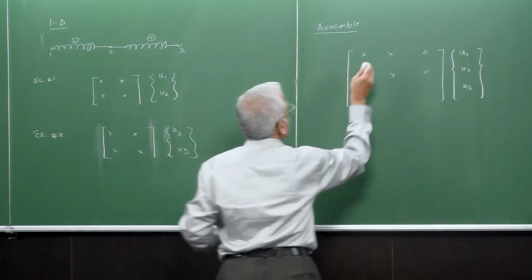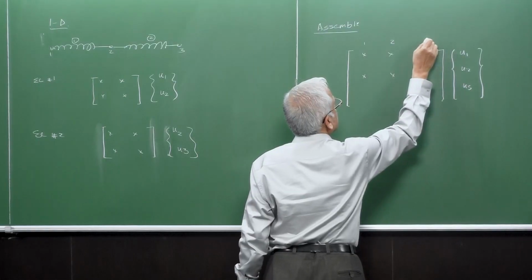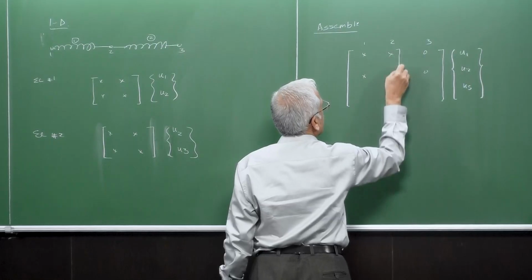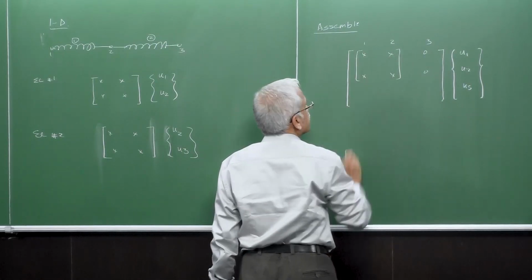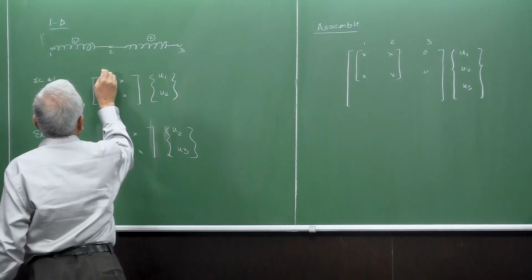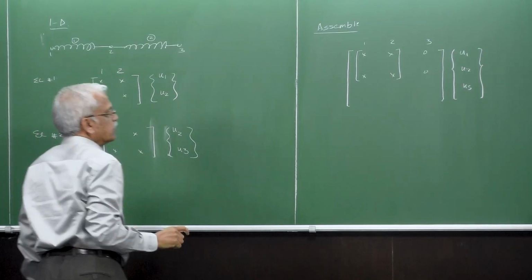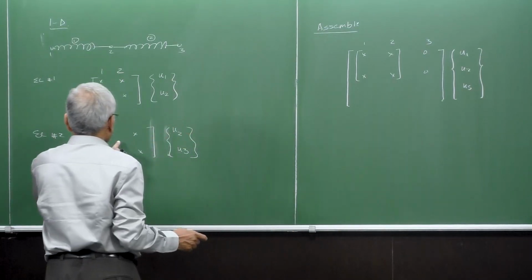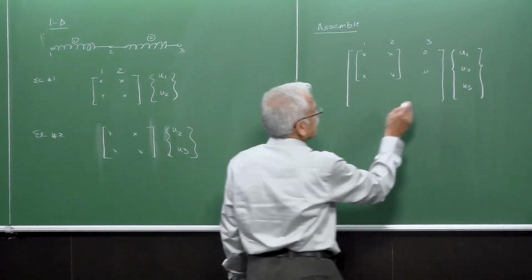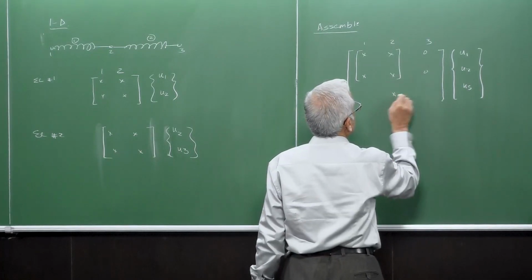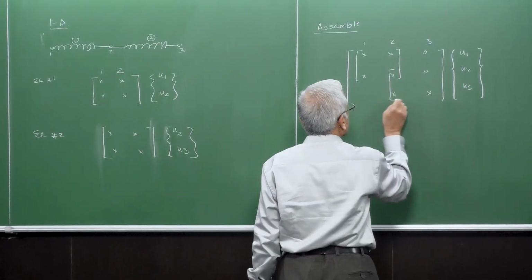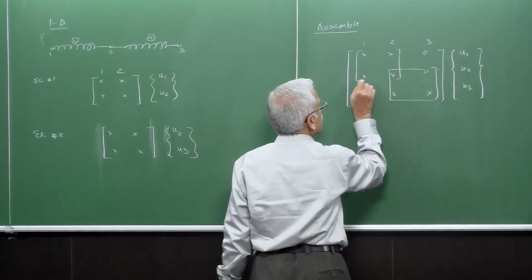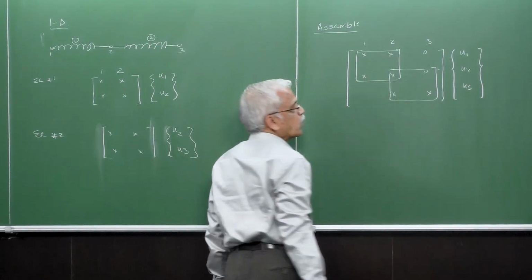So this is 1 and 2, and this is 3. Element 1 goes here because it has global degrees of freedom 1, 2, while the second element goes to 2, 3. So it goes to these 4. This is element 2, and this is element 1 here.